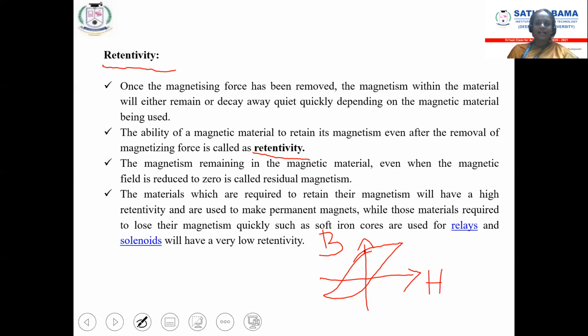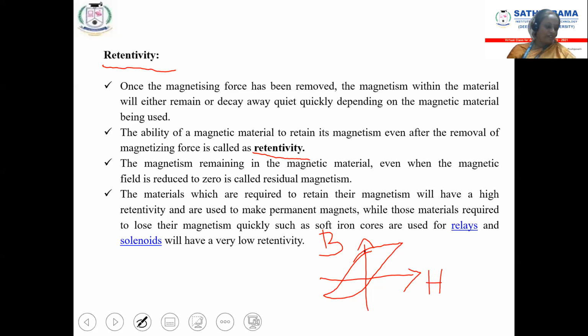So you all understand that while we are designing any electrical machine, the electrical part is important, and similarly the magnetic part is also very important. How they choose the magnetic material, what the flux around that material is, what the magnetic flux density and magnetic field strength are, and what residual magnetism will be there.